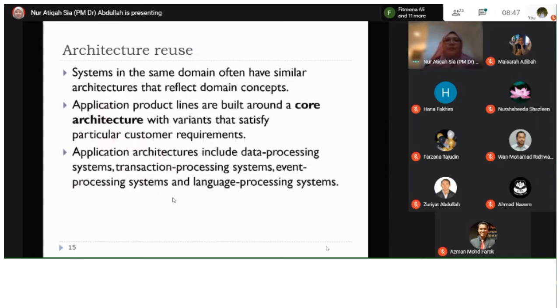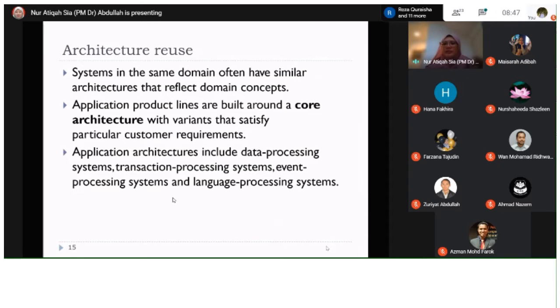Okay. As I mentioned to you, this is architecture reuse, which can be reused. We have a few application architectures. Maybe you will ask what is the meaning of application architecture. The example I gave earlier was the expert system. Besides that, we have data processing systems, which have a different form.